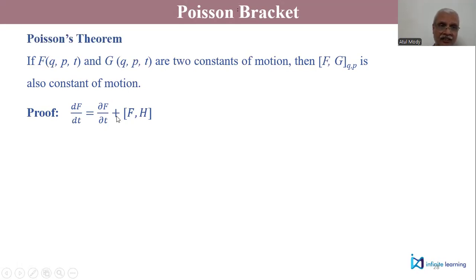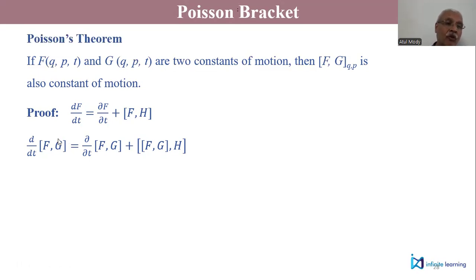df by dt is given by this, and so would be dg by dt, almost a similar relation. So you take d by dt of the Poisson bracket of f and g. The Poisson bracket also has a functional form, so it has to be treated like a function. So the total derivative is the partial derivative plus the Poisson bracket with h.